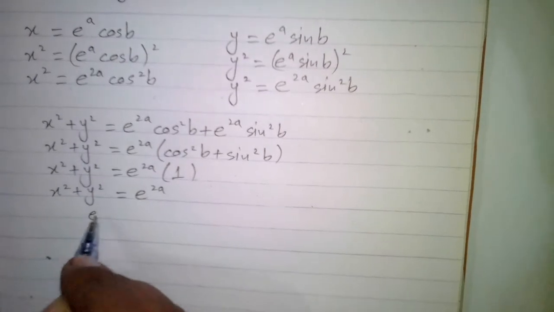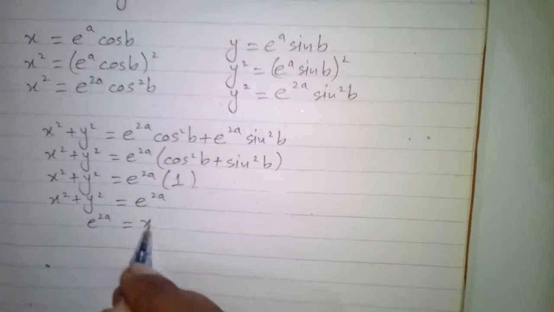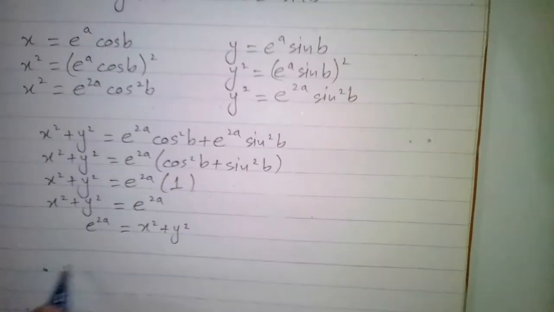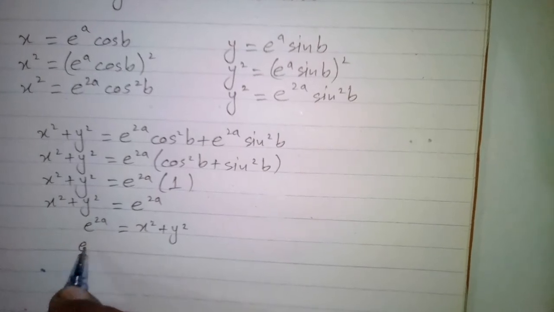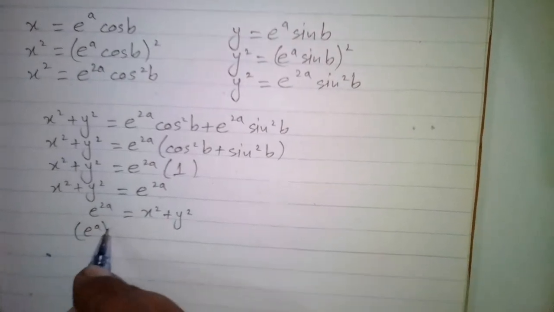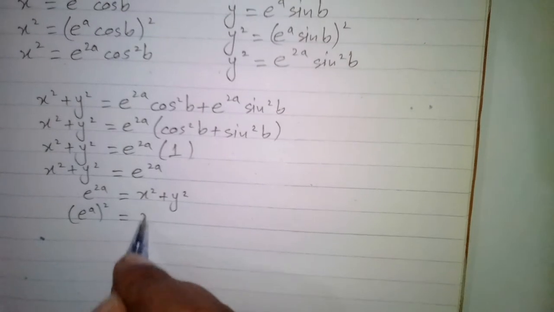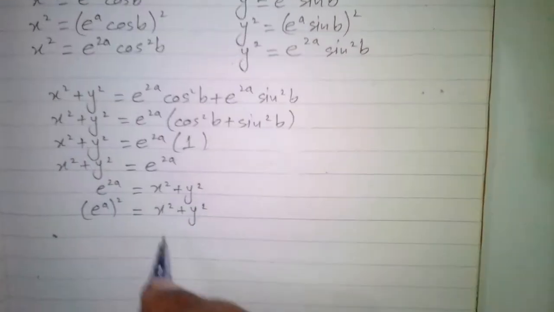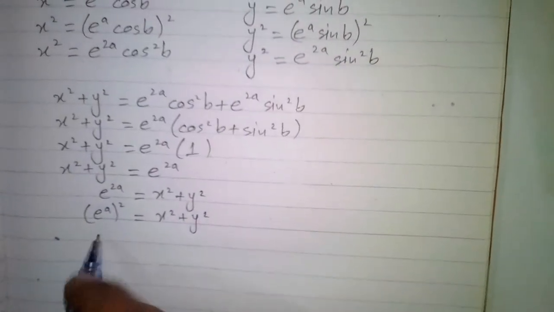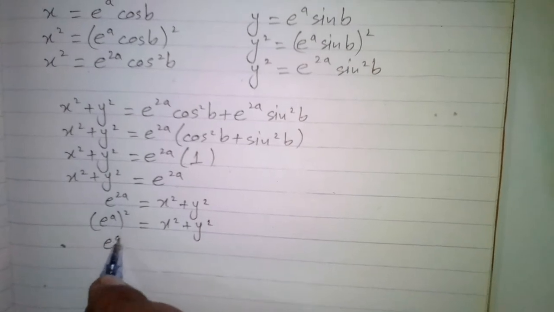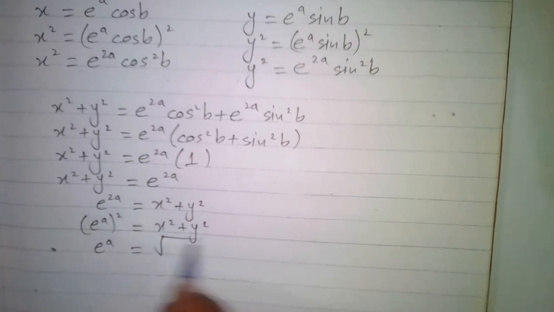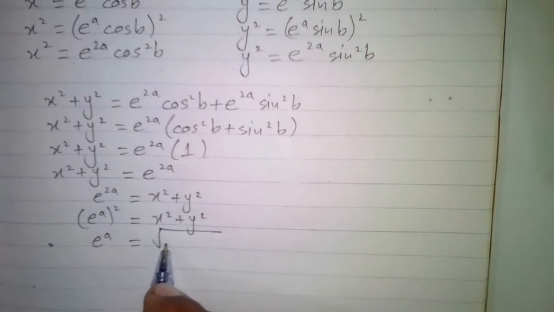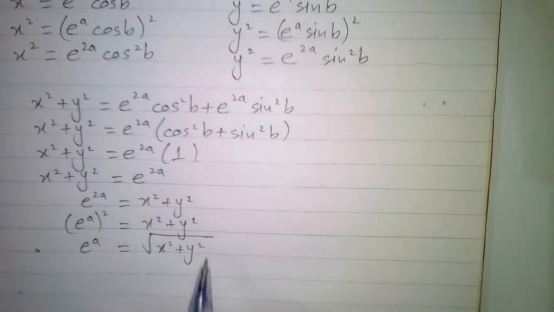Now we can write e to the power 2a is equal to x square plus y square, and e to the power 2a can be written as e to the power a, whole square, is equal to x square plus y square. Now we can take the square root of both sides, so we have e to the power a is equal to square root of x square plus y square.